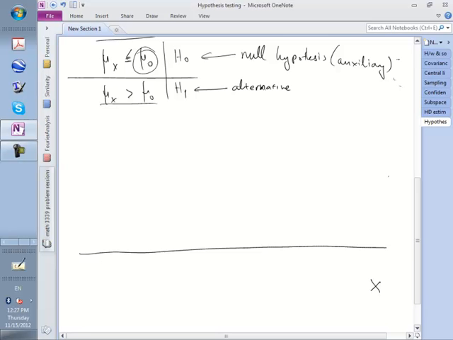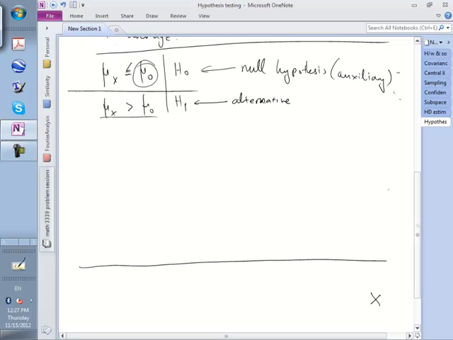One remark, when you formulate your null hypothesis, although technically it's nice to be formulated with m sub x less than or equal to m sub 0, for technical reasons which I will explain, it will always be formulated with equality. So you will always use the equality. Why?